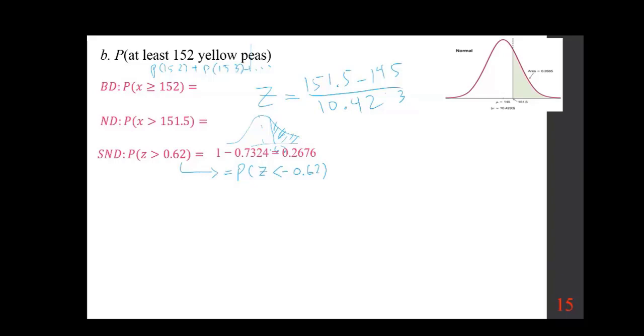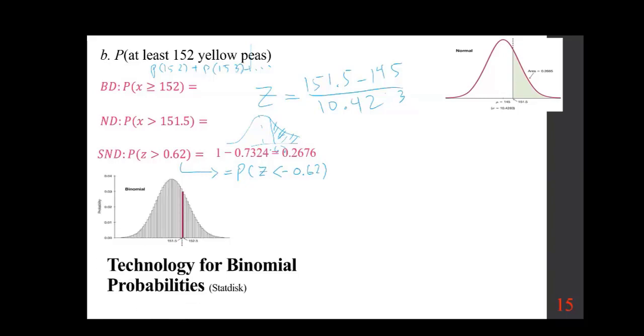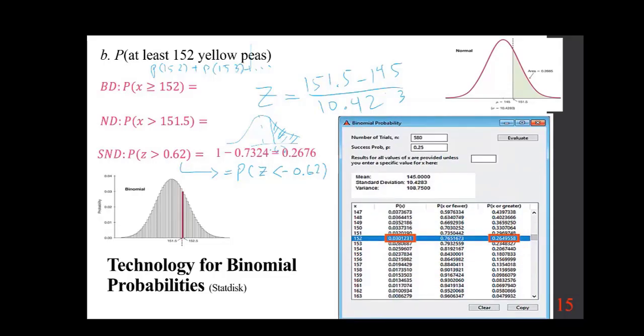Negative 0.62, that gives me the answer. You can see the binomial distribution, the graph, and technology. Other than TI, you can explore with other technology, and the explanation is in the text, such as stat this, and this is what you get.